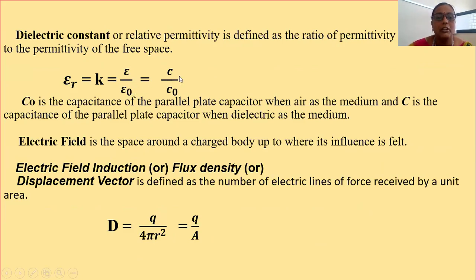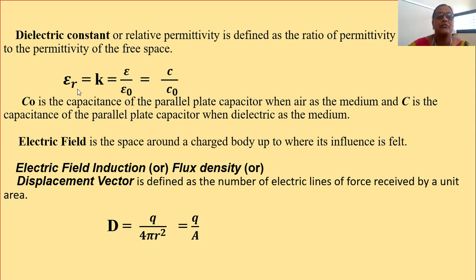Again, it can be defined as the ratio between C by C naught. C is the capacitance. C naught is the capacitance of the parallel plate capacitor when there is an air medium. When it is an air medium, its value is C naught. And C is the capacitance of the parallel plate capacitor when a dielectric medium is kept inside the two plates.